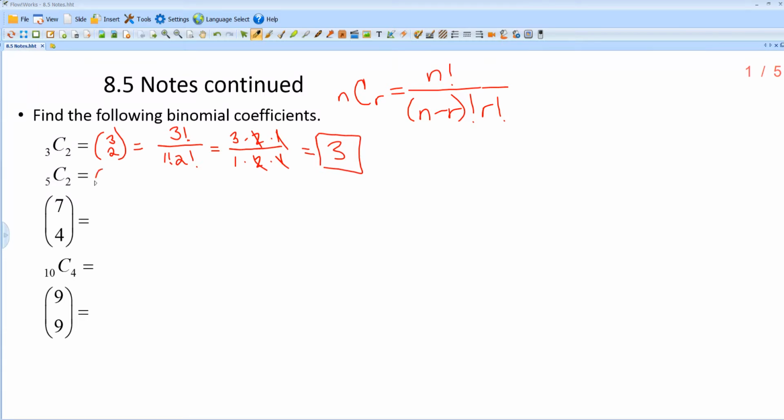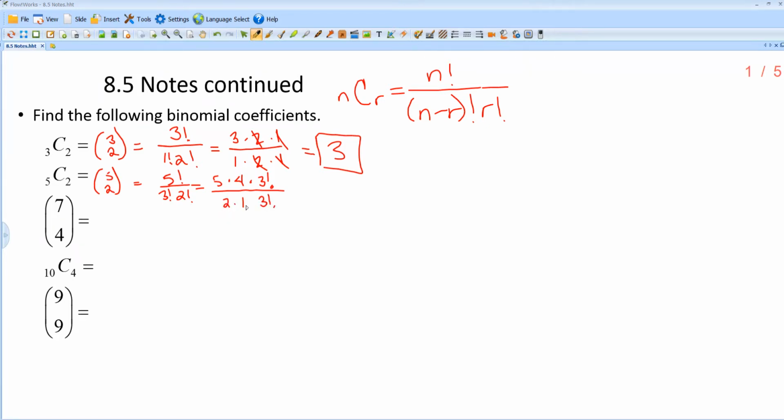So 5 choose 2. Again, what this means is 5 factorial over 3 factorial, 2 factorial: the difference between the two numbers, and then the r value. Another way that you can write this is 5 times 4 times 3 factorial over 3 factorial and then 2 times 1.